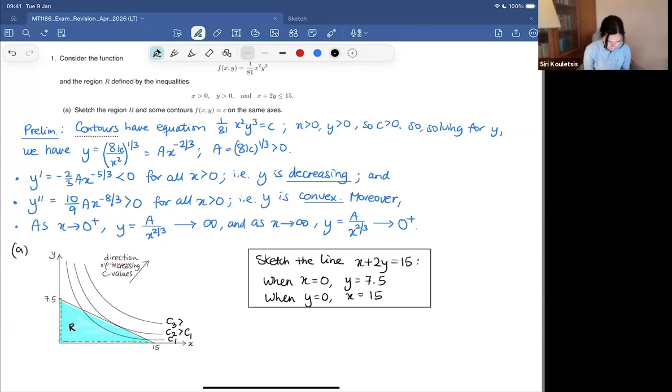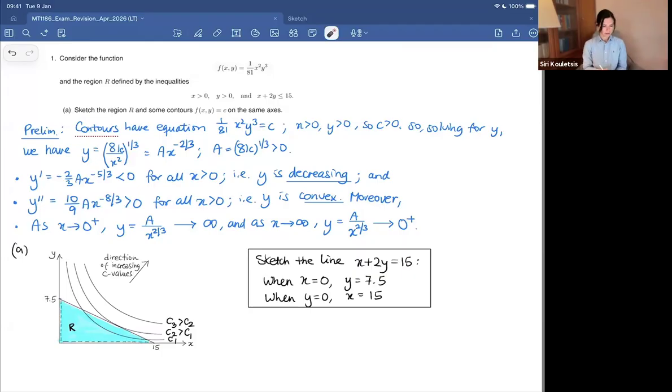C3 has a greater C value than C2, and so on. Remember that contours here indicate the output of the function. And so you can see here that this product, 1/81 x squared y cubed, increases in this direction.